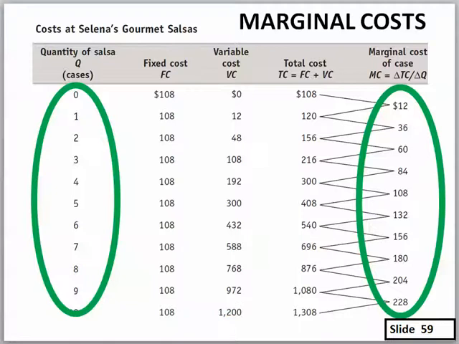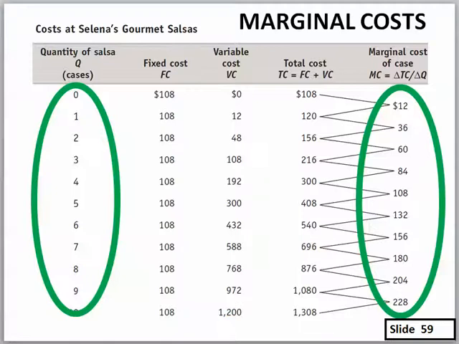Case number 10, I realize the 10 is hidden by the green oval around the number of cases, but you can tell where it is. We see that our 10th case had a fixed cost of $108, just like all the rest, and it had $1,200 of variable cost because we now had 10 cases.